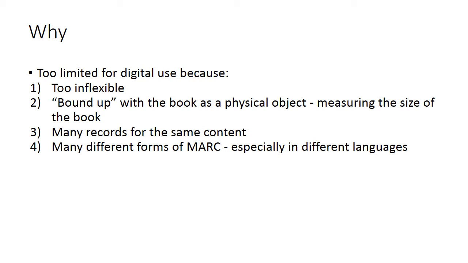The Mark is too bound up with the book as a physical object. We still have measurements for the size of the book. Does that really make any sense in today's world? We have lots of different records for the same content. If you go on WorldCat, you can see multiple records for the exact same book with the same publisher, the same author, the same title.